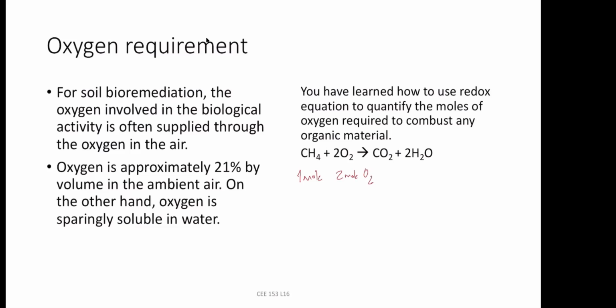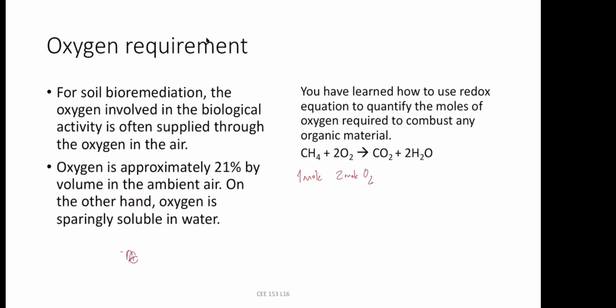But now the question is, if you know the moles of oxygen, how much air do you have to pump? Well, that depends on how much oxygen is present in air. So you have to think of what percentage of air is oxygen. 21% of air is oxygen. So if you think of the concentration of oxygen in air, this is how you can calculate.